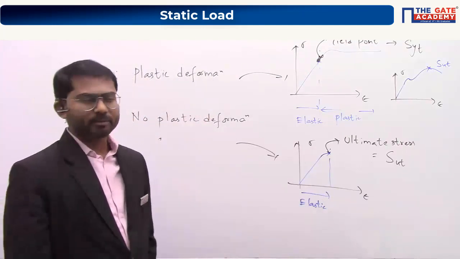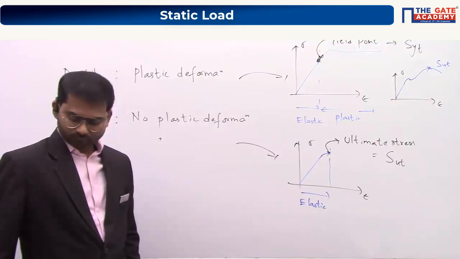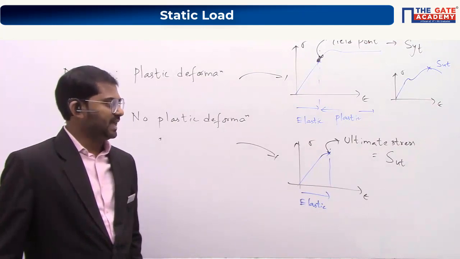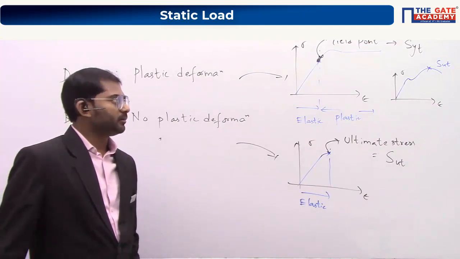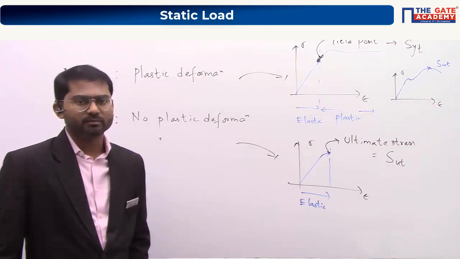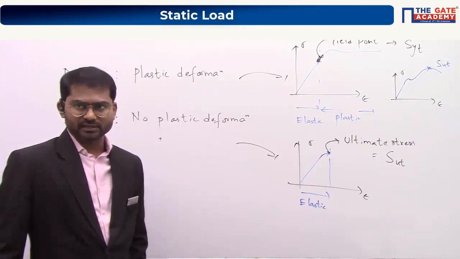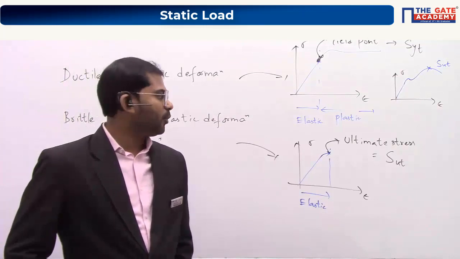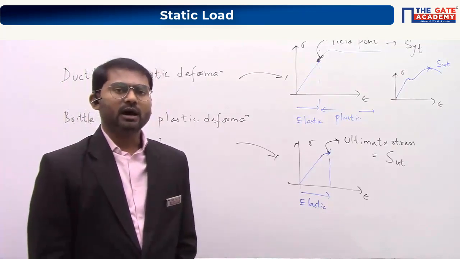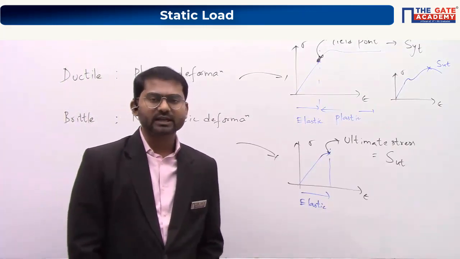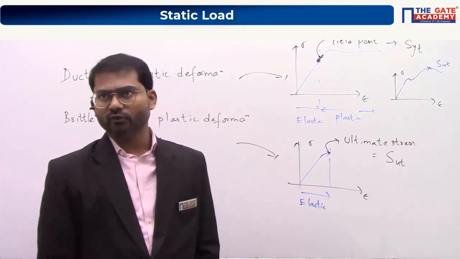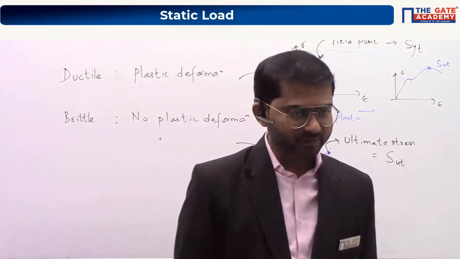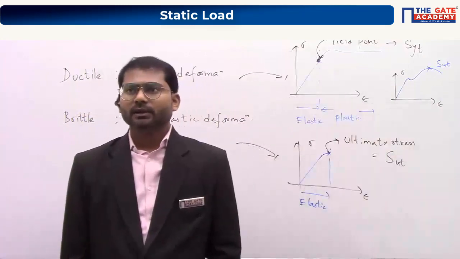So kindly copy them first, everybody, and remember these suffixes, SYT and SUT. Brittle metal will also have SYT, but we'll be going with SUT itself. Kindly copy this. I'll tell you why we are going with the yield point and ultimate stress points as failure stresses for ductile and brittle metal respectively. I'll tell you the reason behind that, then we'll go ahead.